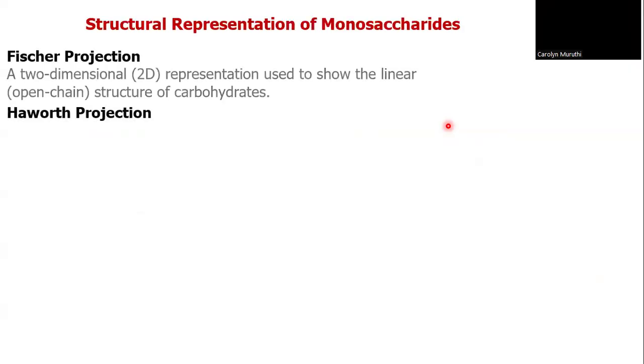So let's look at the Fischer projection and also the Haworth projection. The Fischer projection, in regards to monosaccharides, more so glucose and fructose, shows the linear or open chain structures of carbohydrates.